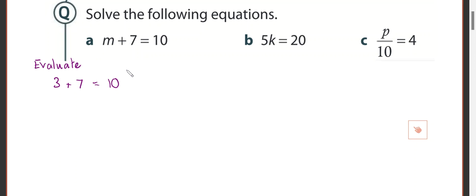The answer to evaluating 3 plus 7 is 10. However, I don't say solve 3 plus 7. I say solve something plus 7 equals 10.